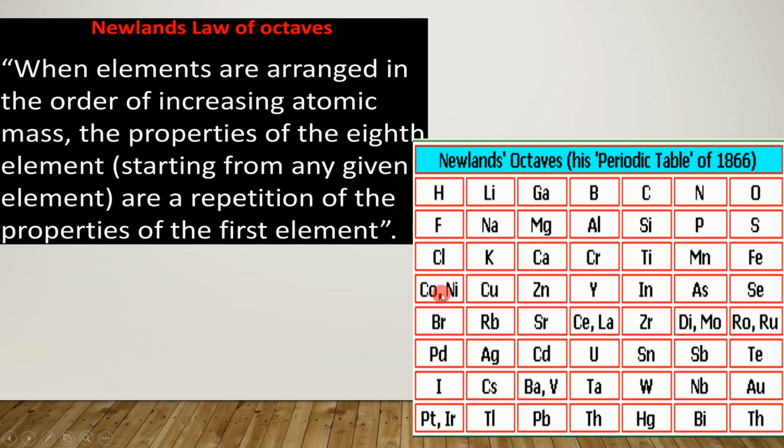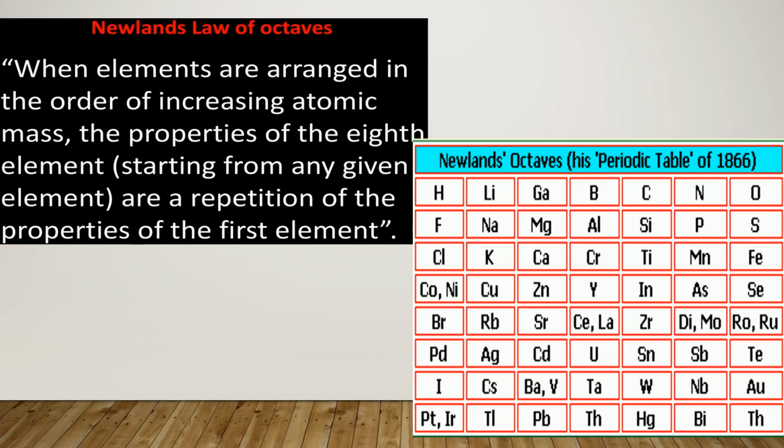See over here, cobalt and nickel, and move to iron. Iron is similar to cobalt and nickel but placed away from them. Iron is dissimilar to sulfur or oxygen, but it has been placed with them. So the third drawback was unlike elements were grouped together and like elements were kept apart.